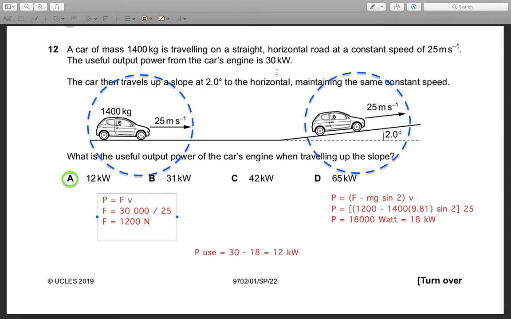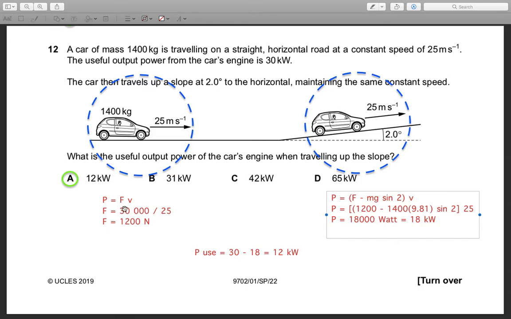Power is 30 kilowatt divided by 25, which equals 1200 newton. We want to use this force in the condition where the car is inclined up at an angle of 2.0 degrees.